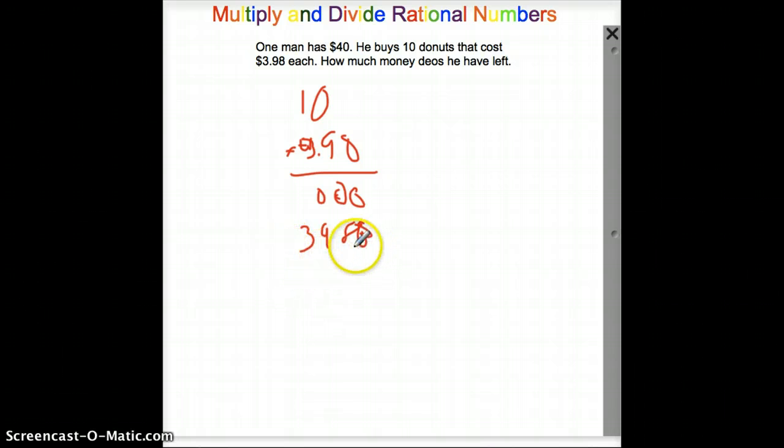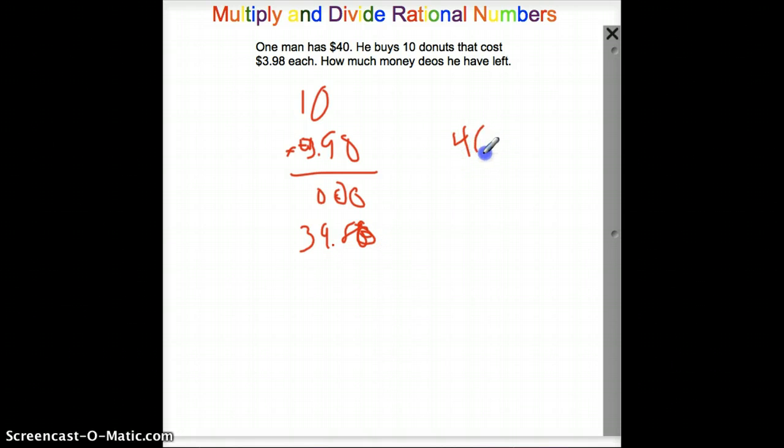Next, you put the decimal point 2 from the right for 2 decimal places. And then you have your cost, $39.80.